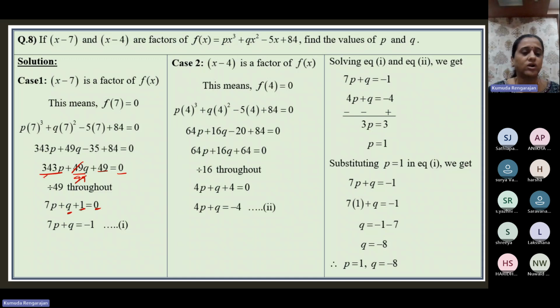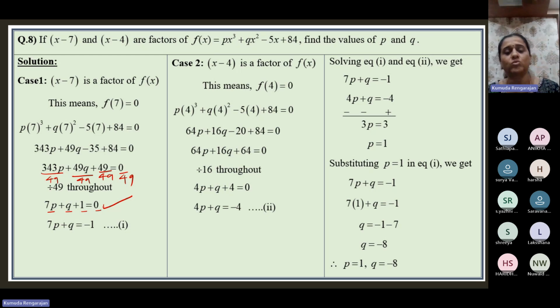And 343p by 49: 49 ones are 49, 49 sevens are 343, so 7p. We're just doing this, children: every term is divided by 49. So you get a new simpler equation: 7p plus q plus 1 is equal to 0.